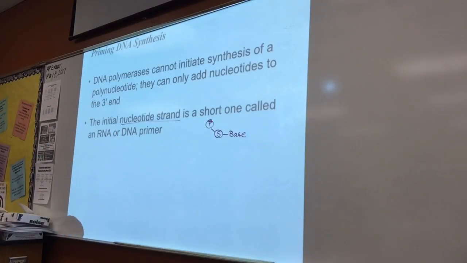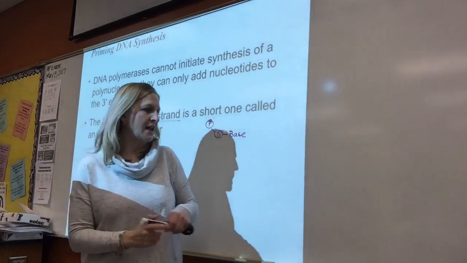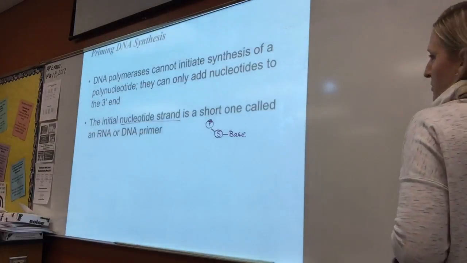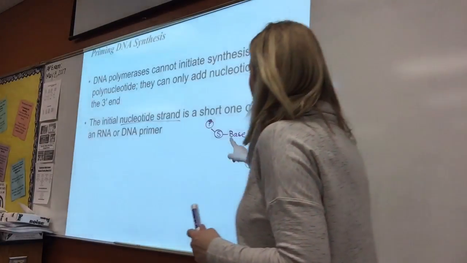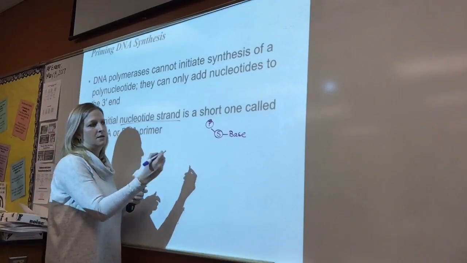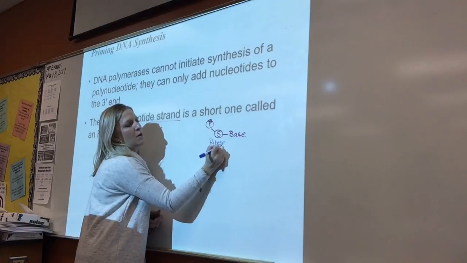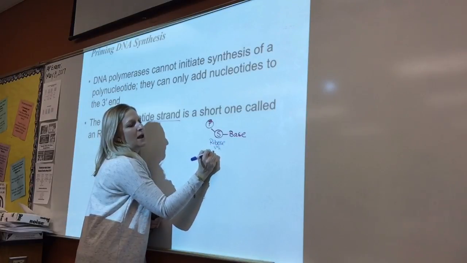RNA and DNA are both polynucleotides. They're chains of these nucleotides. What differs between RNA and DNA nucleotides? Do we remember that? One thing is the sugar. Lucas? The sugar is ribose, and the difference between the bases is that instead of a T, there's a U. Yeah, ribose versus deoxyribose.